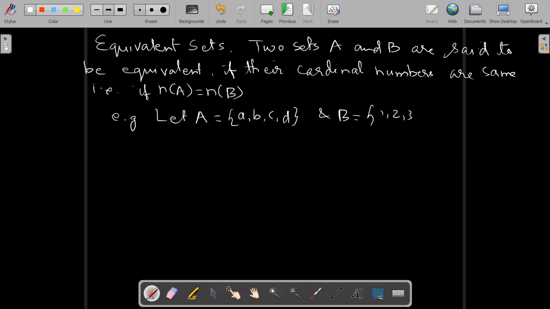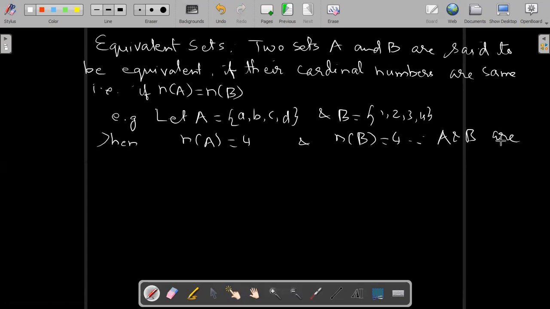Then they are equivalent sets. First, we check their cardinal numbers. Here the number of elements in A is 4, and the number of elements in B is also 4. Therefore, A and B are equivalent sets.